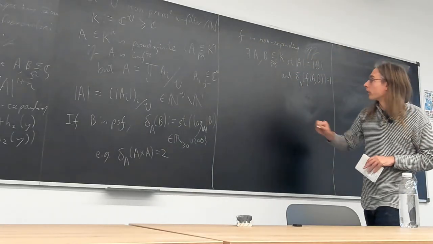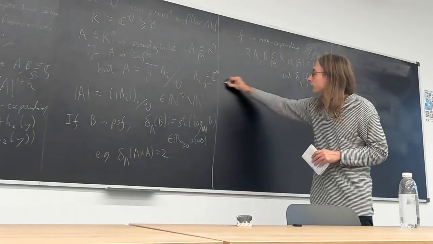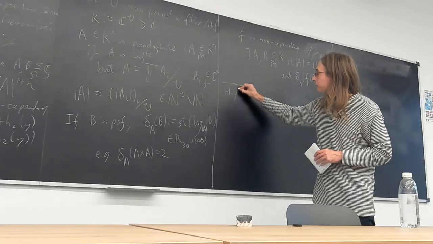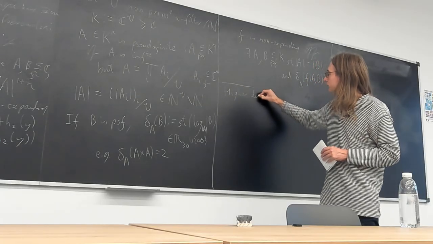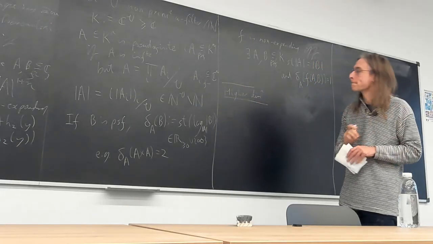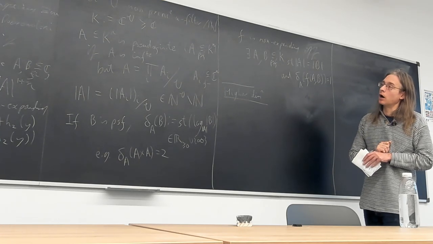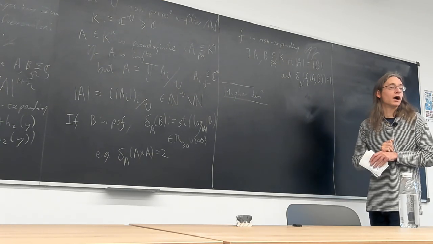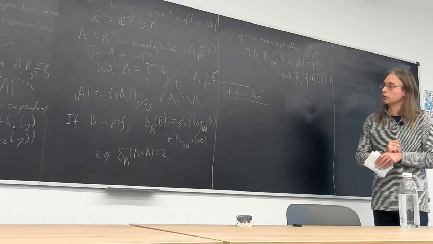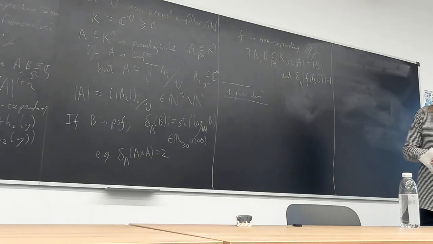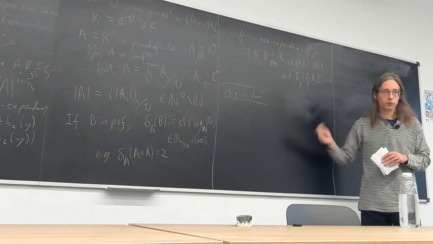Okay, so now I want to start talking about the higher dimensional situation. I want to start by stating two existing quite strong results in this direction, and then talking about what's missing.